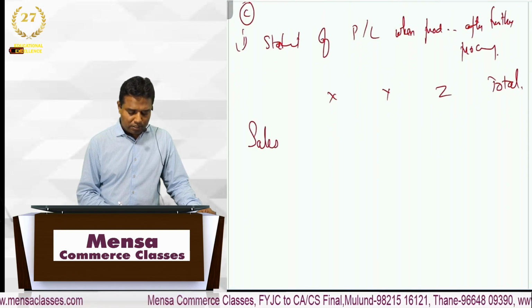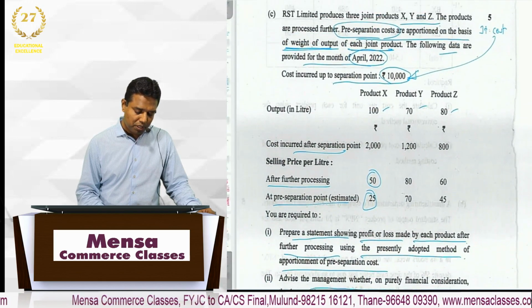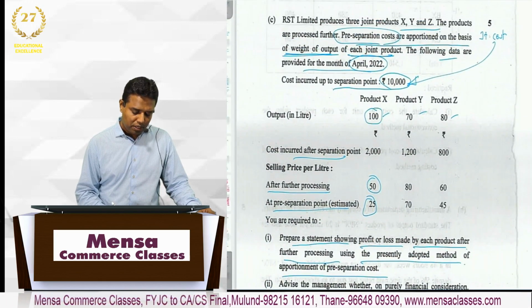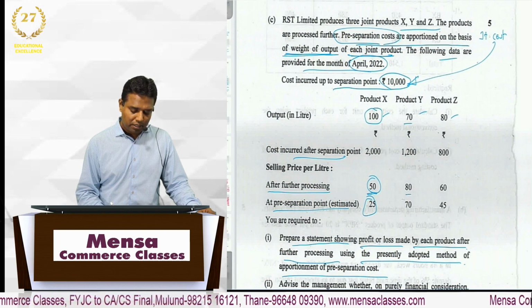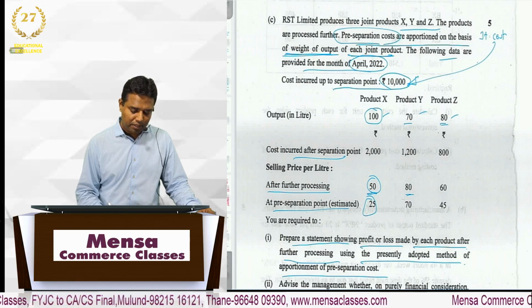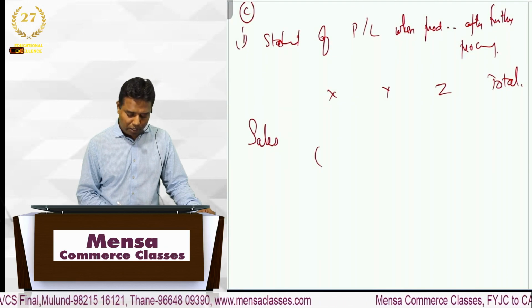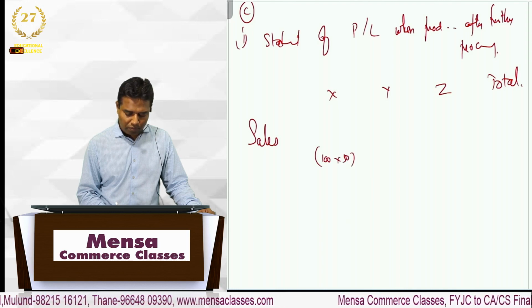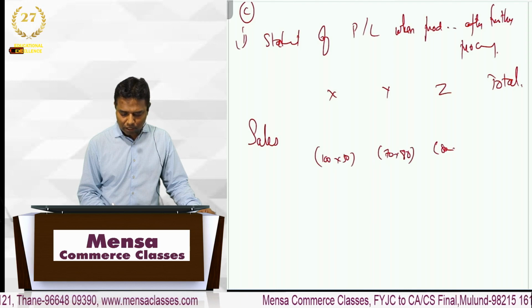So sales, we'll get the sale value. So how much units they're going to sell? 100 liters, and after separation, so 50 rupees, 70 liters, 80 rupees, and 80 liters, 60 rupees. Fine. So this will be 100 into 50, 70 into 80, and 80 into 60.